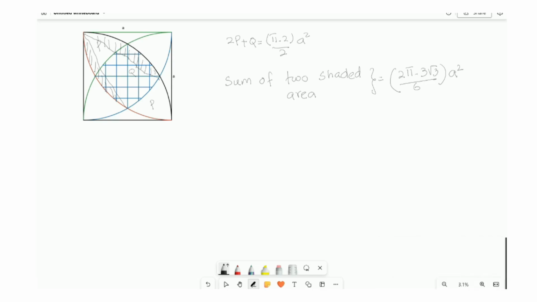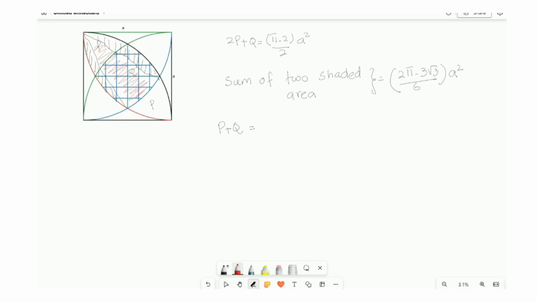Okay, now what I wanted to find is p plus q. P plus q is those two shaded areas plus that area, that red area.